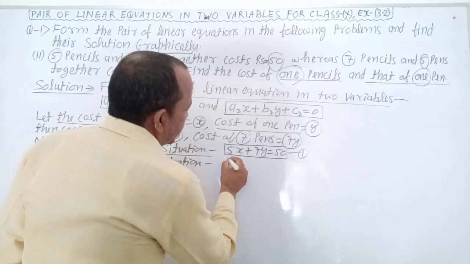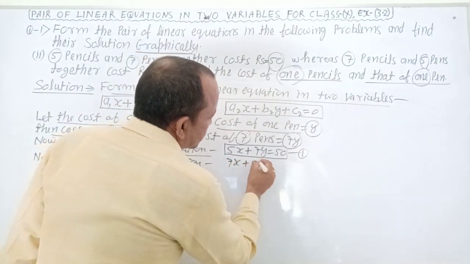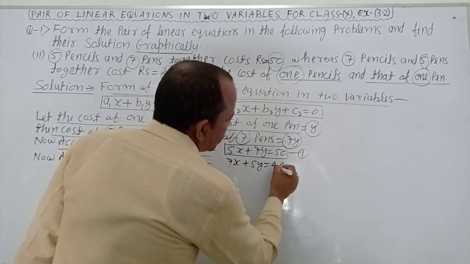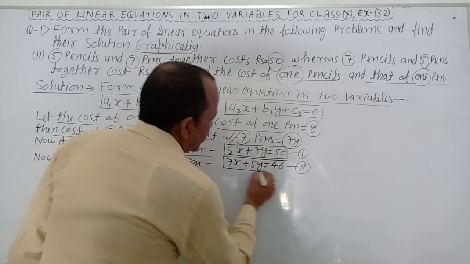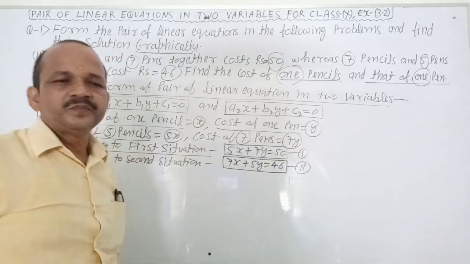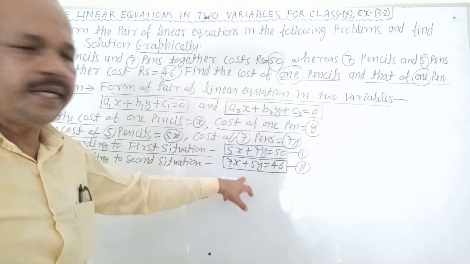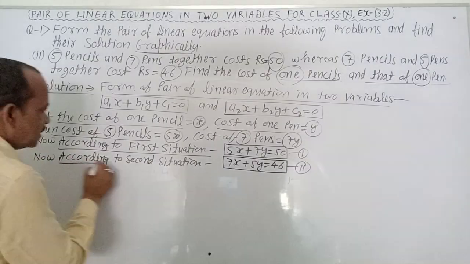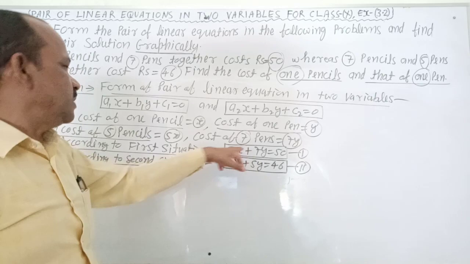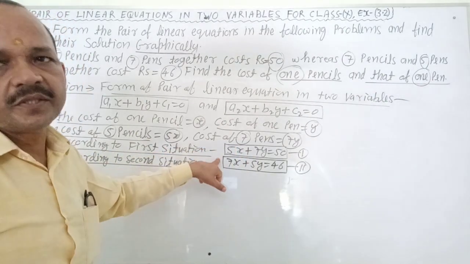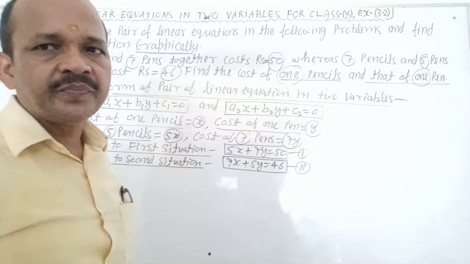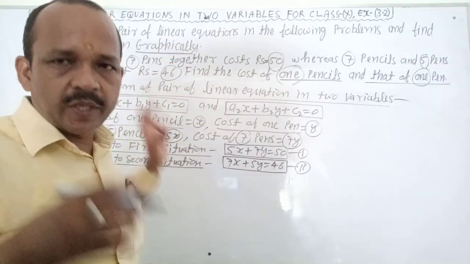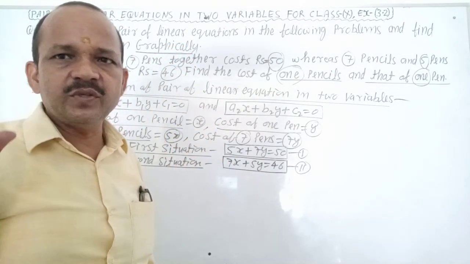You can write here 7x plus 5y equal to 46. It is equation second according to the second situation, and it is equation first according to the first situation. It is the algebraic representation of the situations. Clear? No confusion about it?